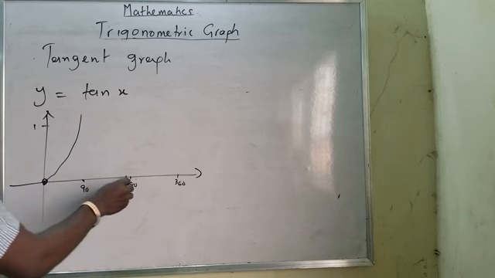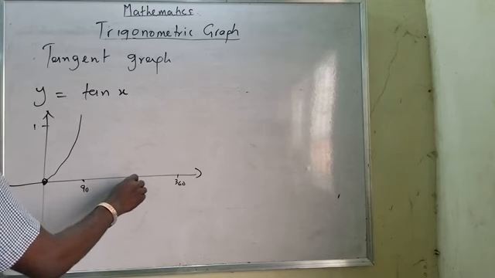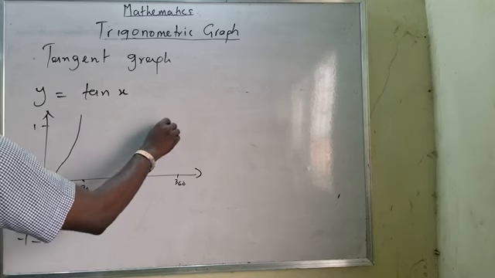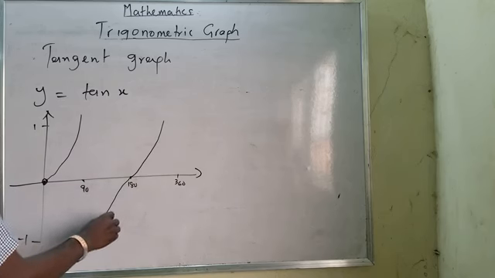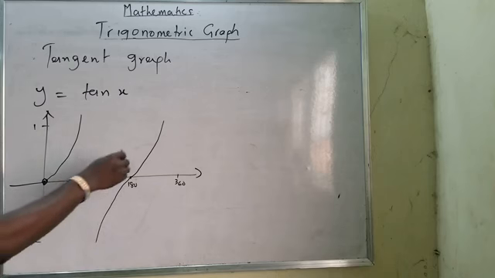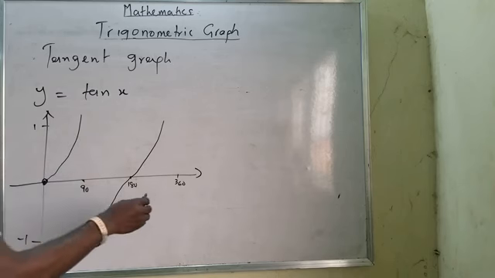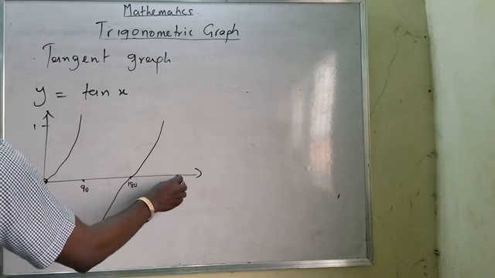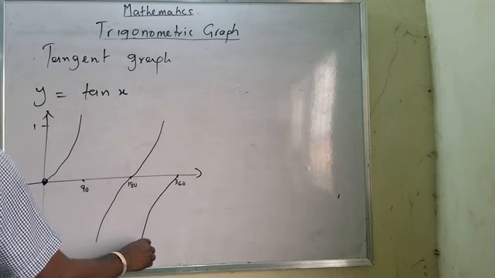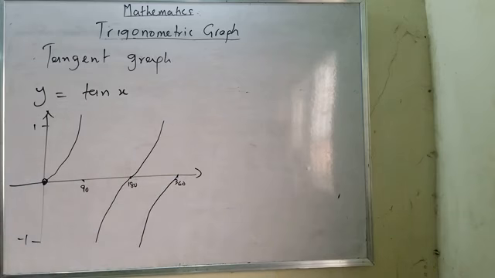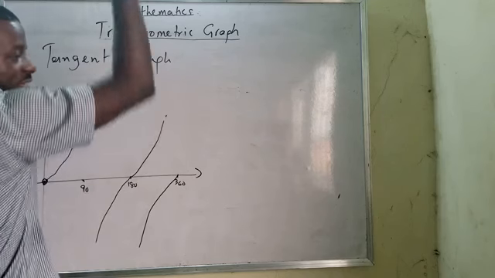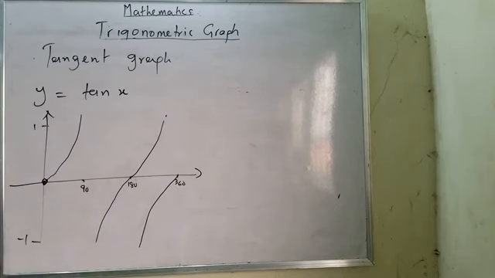Now, here will now be, and here will now be, now. That is how the graph is. It will cut off because it's going to infinity, and so on and so forth.